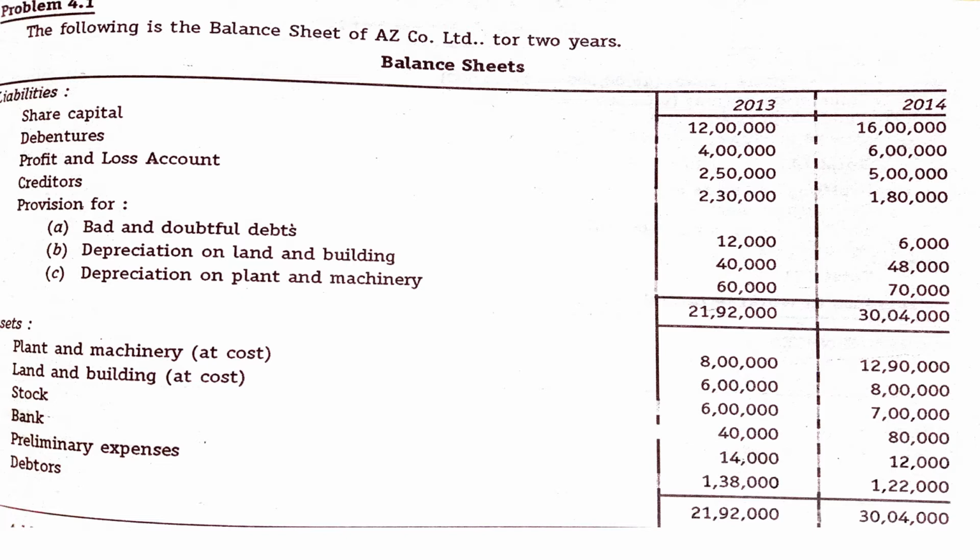All the liabilities are there for the year 2013 as well as 2014. Then assets: plant and machinery, land and building, stock, bank, preliminary expenses and debtors.